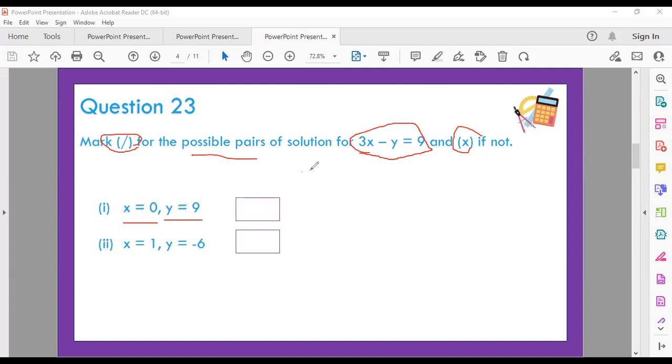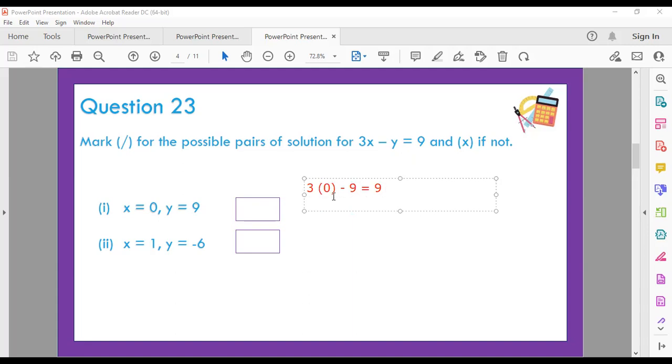So what do I do first? I want to use the typewriting set, okay, because my hands are so painful already. So I'm going to use 3. Now, what is the value of x? Is 0, right? So you put a bracket, you put the 0. Minus, what is the value of y? 9. Okay, that's the first equation, equals to 9.